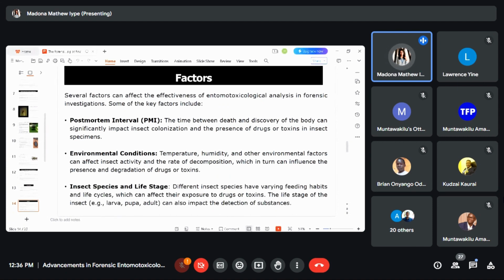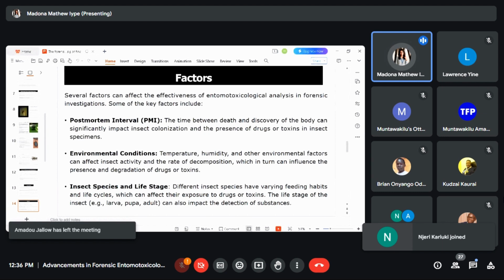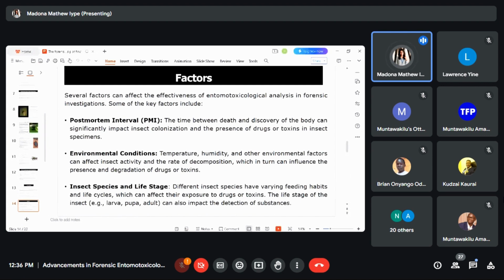Now, environmental conditions, temperature, humidity, and other environmental factors can affect insect activity and the rate of decomposition, which in turn can influence the presence and degradation of drugs or toxins. You might all have heard about cocaine, a common drug. Cocaine will accelerate the succession procedure, where let's imagine a situation where a normal fly will take around 4 days to reach its adult stage.